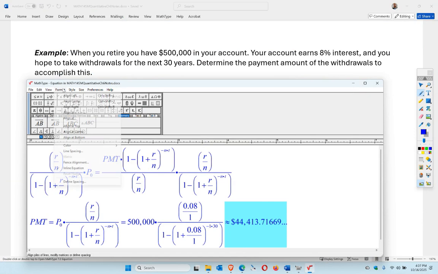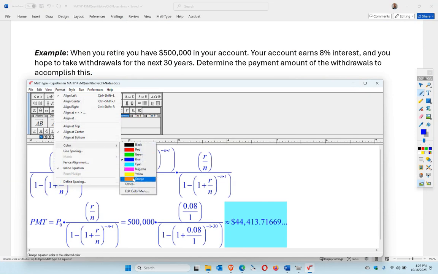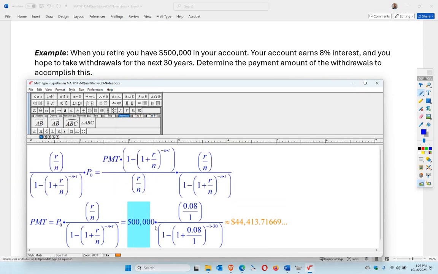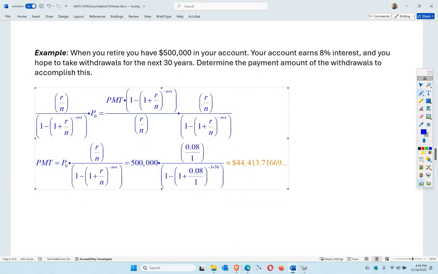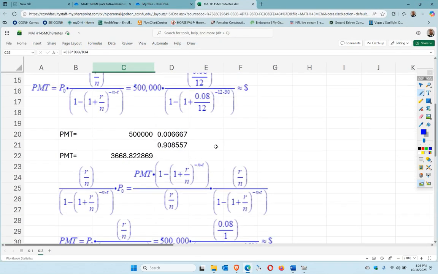So essentially what this is saying is if you have $500,000 in the account and you want to get paid out the next 30 years, you're going to get $44,000 and change per year, right? Which is not a lot of money, but if you're retired and your house is paid for and everything else, that might be livable at this point, especially if you're in a home group or whatever. And this is the amount that you would get on a monthly basis, so a little under $4,000 on a monthly basis is being paid to you for 30 years, right? You can also account for inflation and stuff like that.